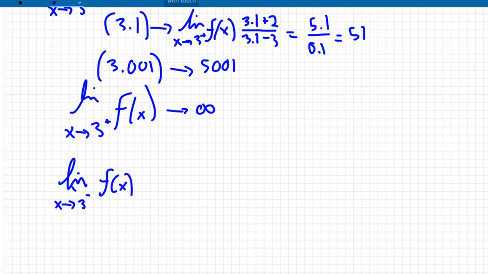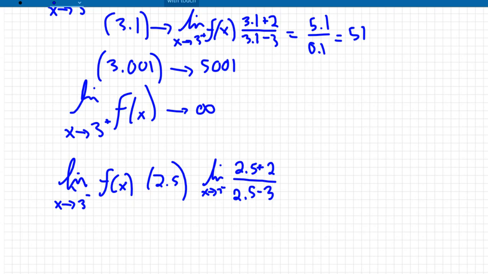So last time we picked 3.5, so this time we'll just pick 2.5. We'll evaluate x at 2.5, so we'll get the limit as x approaches 3 from the left-hand side of 2.5 plus 2 over 2.5 minus 3.